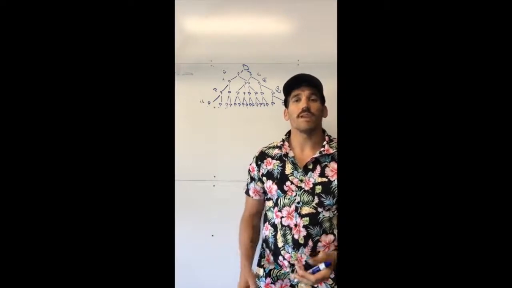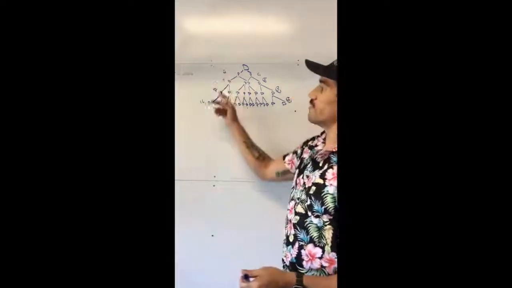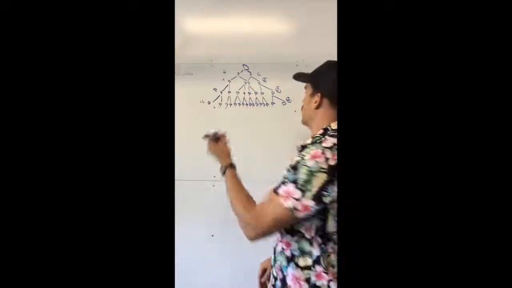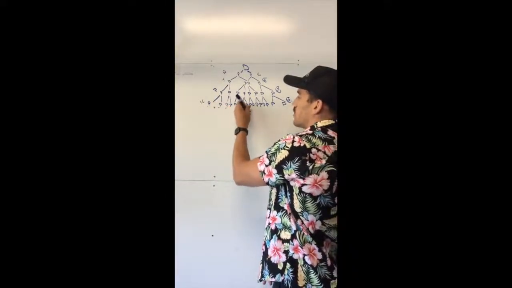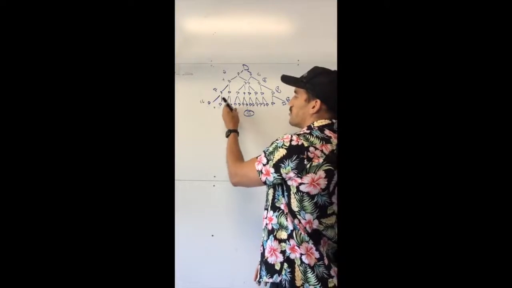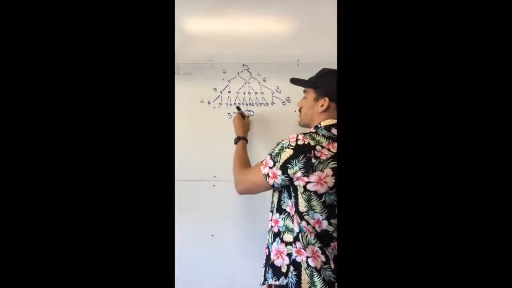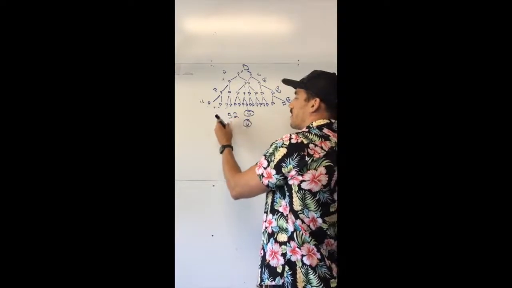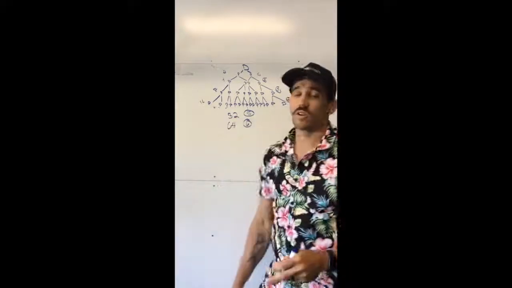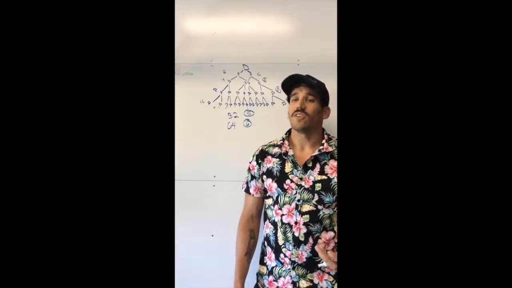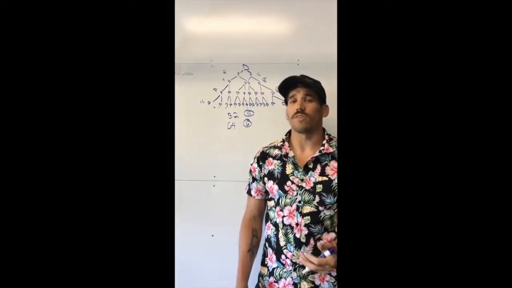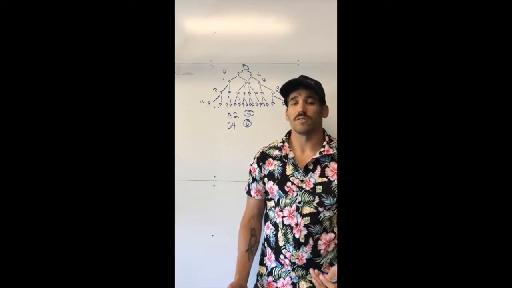But already we can begin to see the pattern. We have 2, 4, 8, 16. So that means in the 5th generation, we should have 32 parents. And then in the sixth generation, that would have 64. So already, I hope you can begin to see what's going on with this pattern.